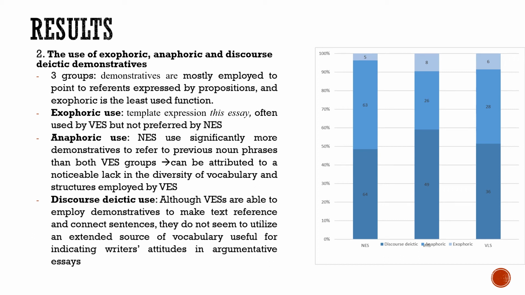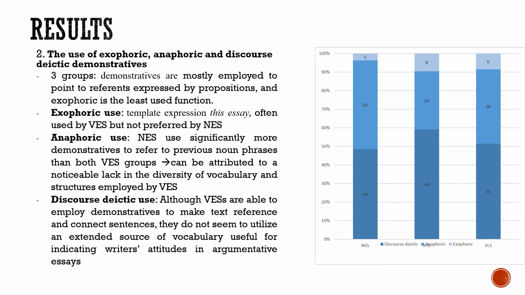Here you can see the anaphoric. Now, first of all, exophoric use. The exophoric use can be detected with the template expression "this essay will...", often used by Vietnamese English speakers, but not preferred by native English speakers.